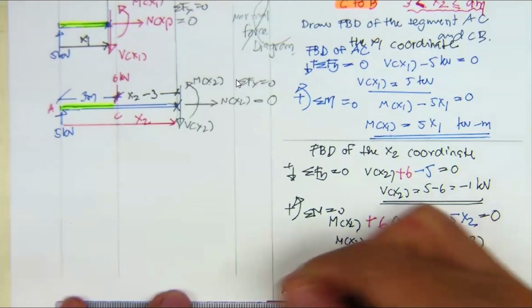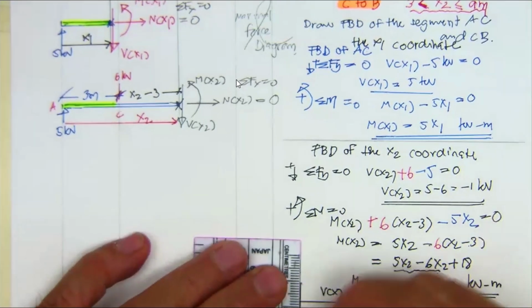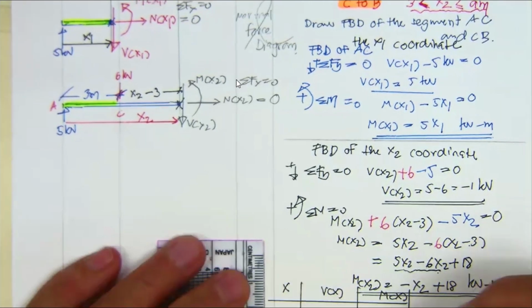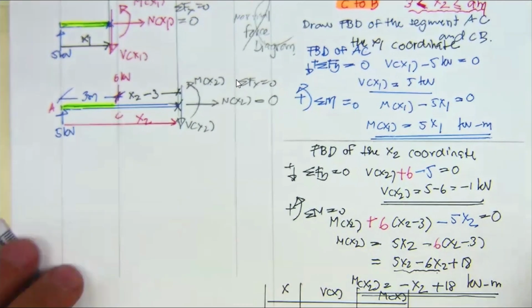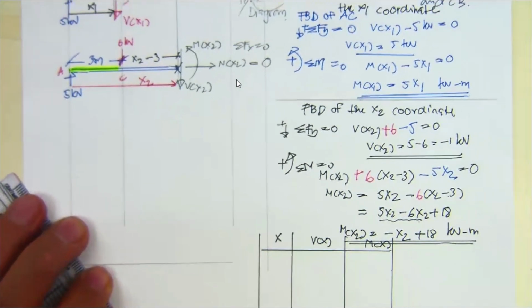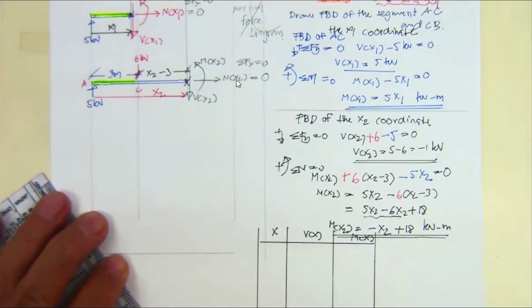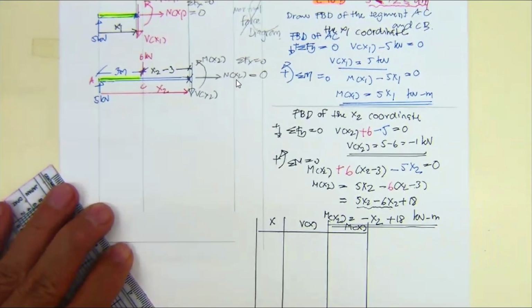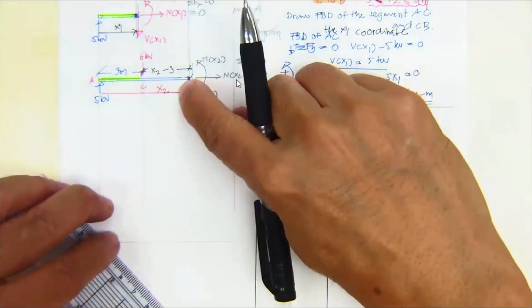And then based upon this one, you have x separated into two portions. One will refer to x1, another one will refer to x2.